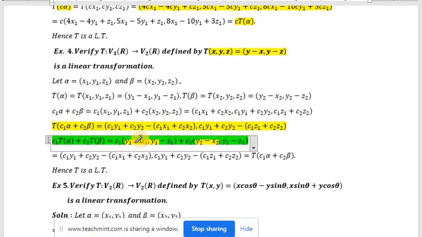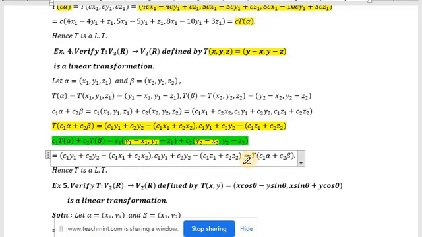So by combining all these elements we get C1 y1 plus C2 y2 minus C1 x1 plus C2 x2, comma C1 y1 plus C2 y2 minus C1 z1 plus C2 z2. It is nothing but the transformation of C1 alpha plus C2 beta.